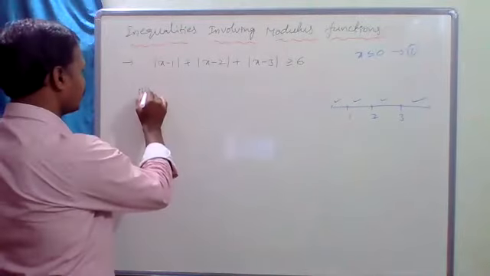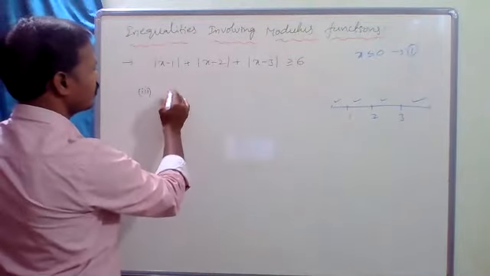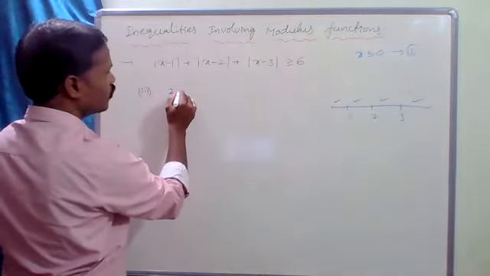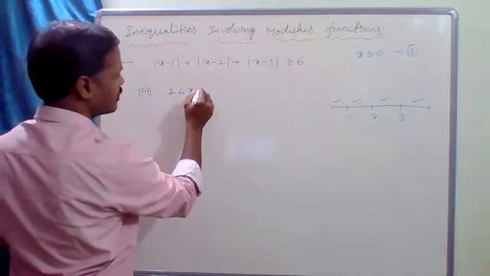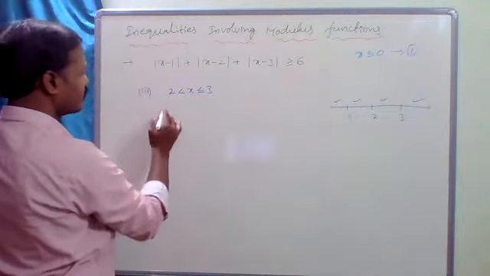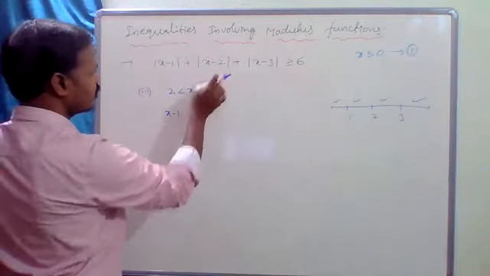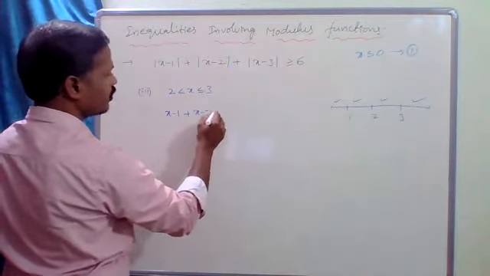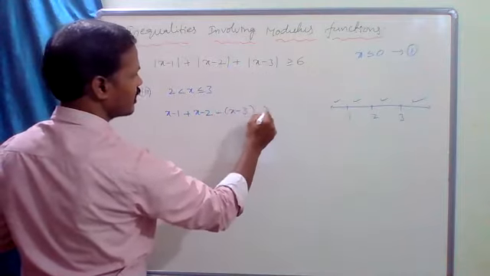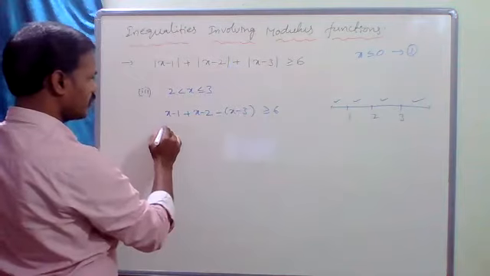So if you have any doubt, ask me in between. Next, third, you have to check for this region, which is 2 less than x less than or equal to 3. Okay. In this region, this is positive x minus 1. This is positive x minus 2. But this is negative. So minus of x minus 3 is greater than or equal to 6. Okay.